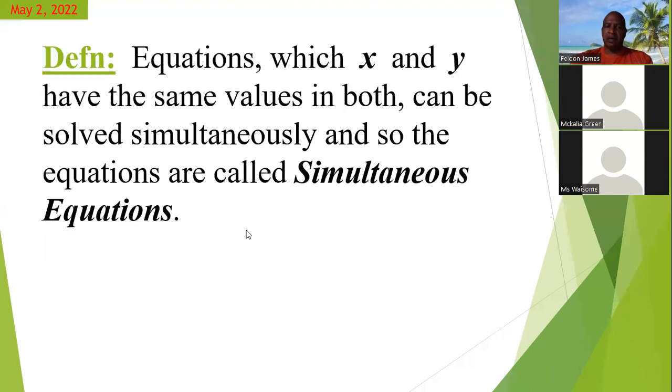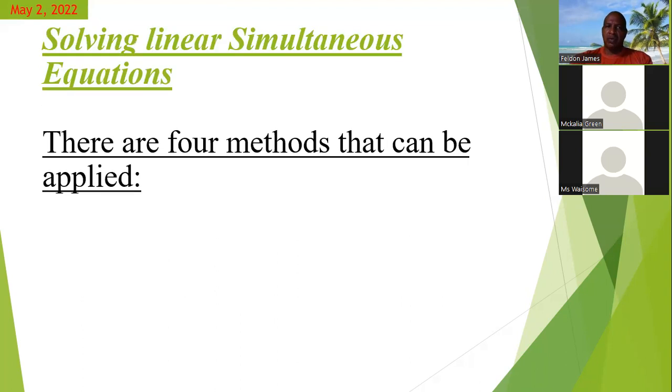All right, so equations in which x and y have the same values in both can be solved simultaneously, and so the equations are called simultaneous equations. Now, solving a linear simultaneous equation.